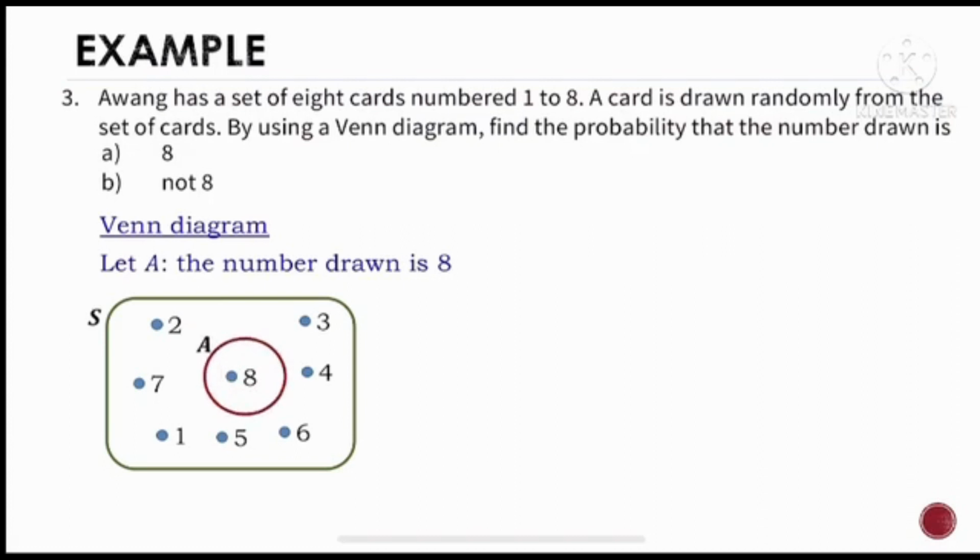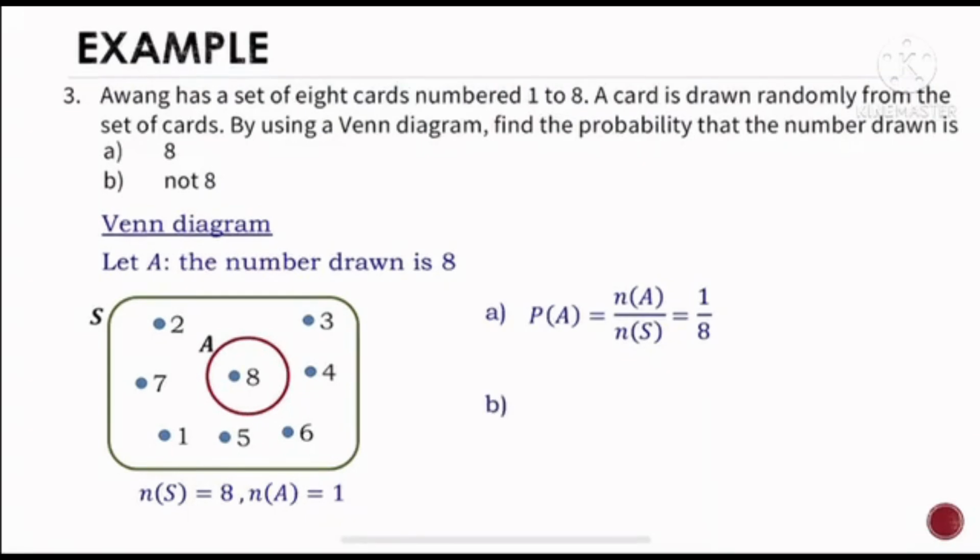From the Venn diagram, we can clearly see that the number of sample space is 8 and number of event A is 1. So for question A, the probability that the number drawn is 8 is 1 over 8. Question B is find the probability that the number drawn is not 8. This means that we want to find the complement of A. From the Venn diagram, A prime is all the elements outside the circle A, which equals 7, so the answer is 7 over 8.